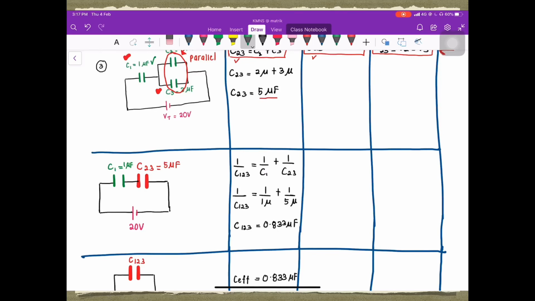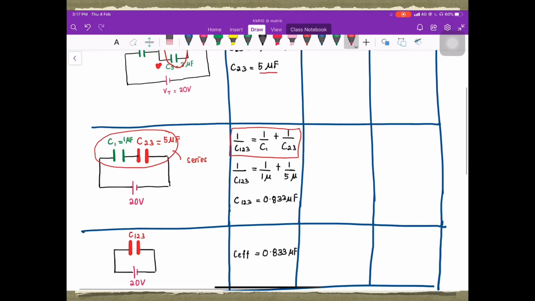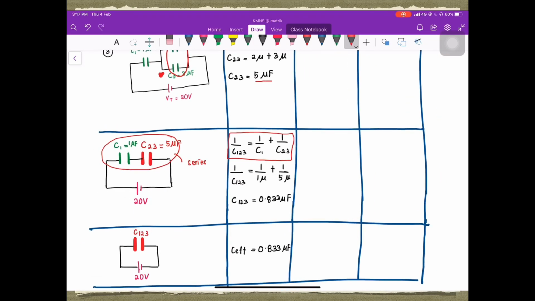This combination is series, so this is the series equation. Then substitute for C1 and C23. Okay, this is the final answer.